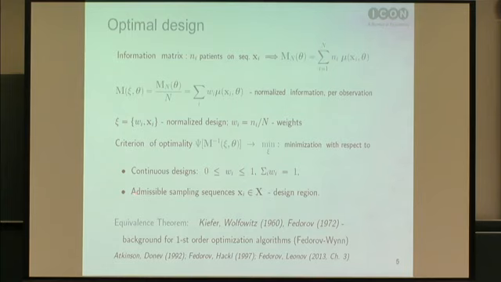The theory heavily relies on the equivalence theorems, which go back to Kiefer and Wolfowitz, and then Valery Fedorov, who is here, generalized results for different criteria of optimality. The equivalence theorem is the basis for different types of optimization algorithms. We like the first-order optimization algorithm. Many people like multiplicative algorithms, in particular Tobias, who implemented it in one of the new software tools. But you can find all this in many books published on the subject.